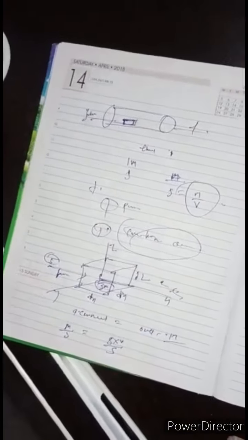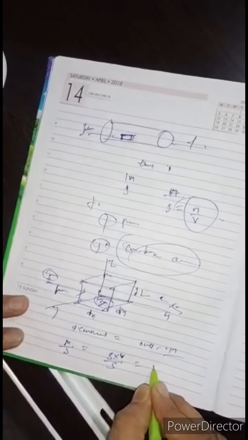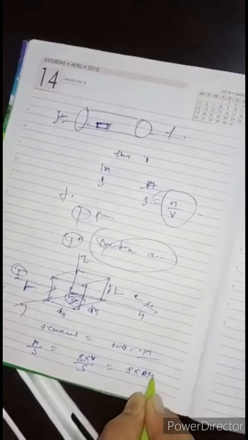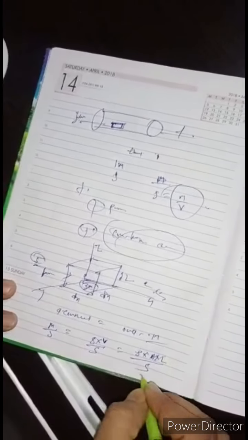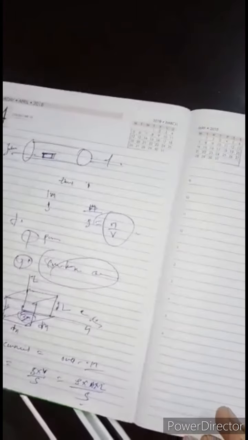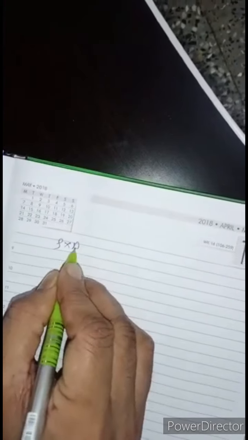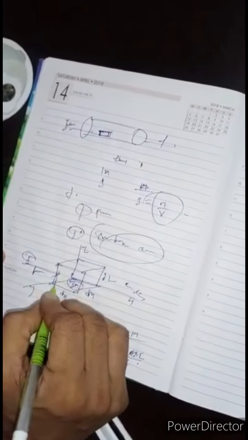Per second, the volume we can write as rho into L into A, area into height L, divided by S. So this L by S, that is L by T, becomes velocity. So we can write rho A V. This mass is entering through the corresponding area.